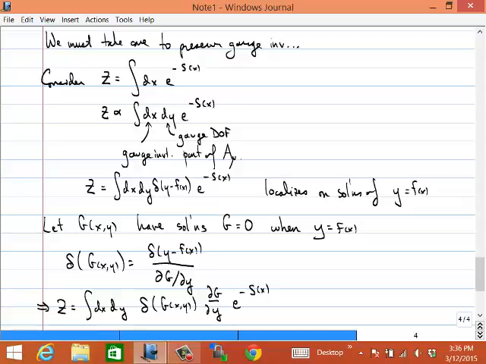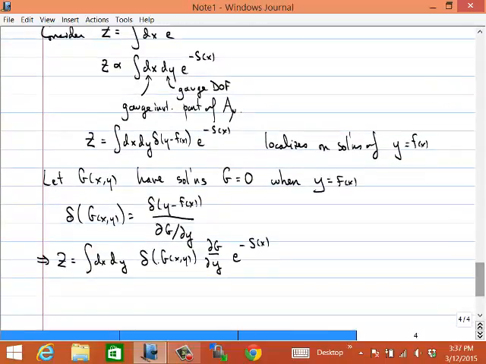And if we generalize this to n variables rather than just one variable, this would then be an n-dimensional delta function right here, and this would be a Jacobian determinant.